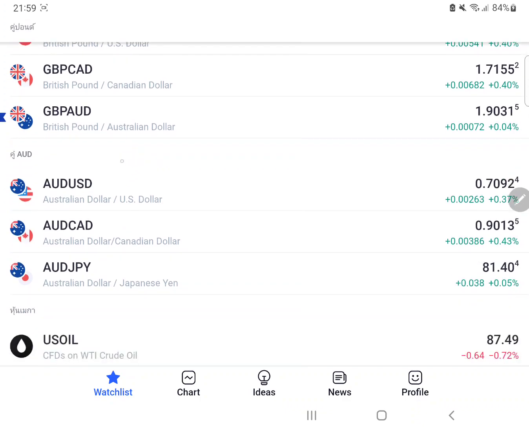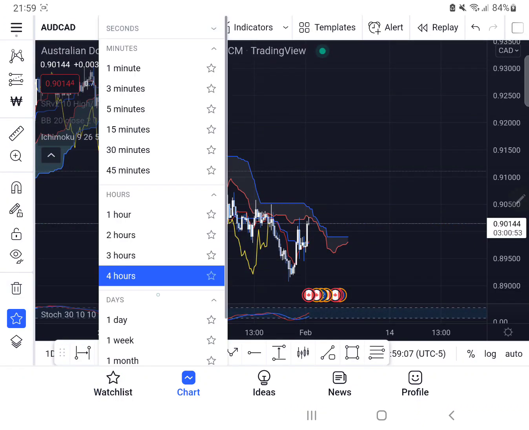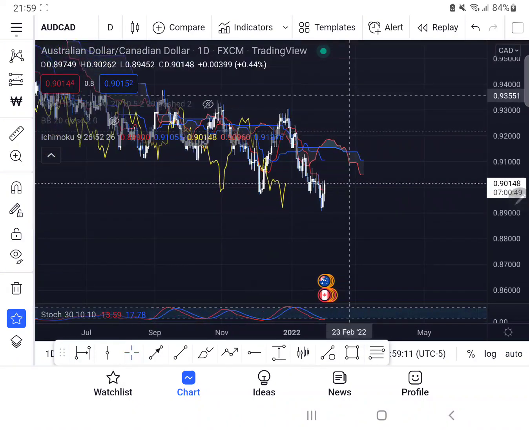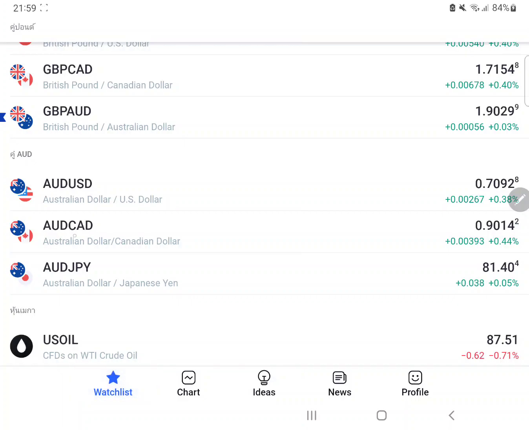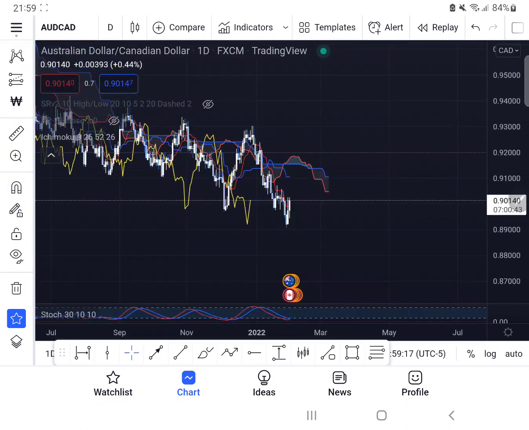Okay, let's move to the AUD CAD. Let me remove the drawing first. Again, it looks like the AUD USD before, because now the Ichimoku cloud is very fresh and so thin right here.